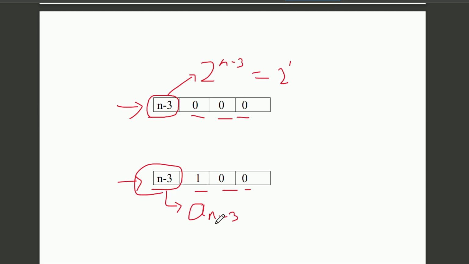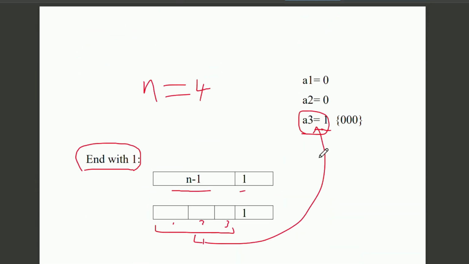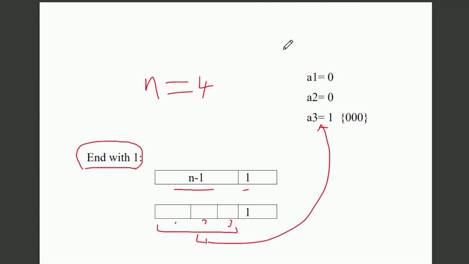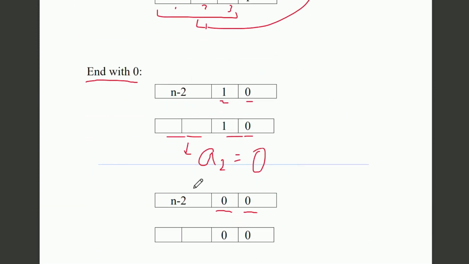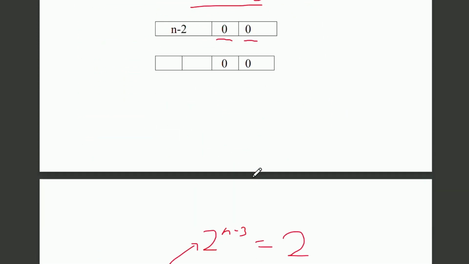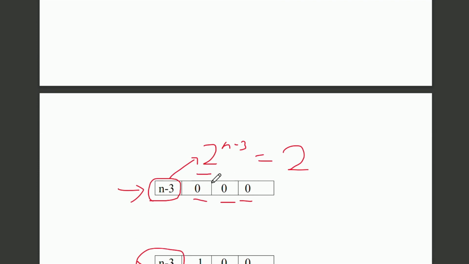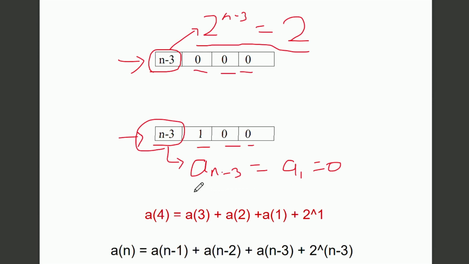For this question, n is 4, so it equals A1, which is also 0, as stated in our initial conditions. To calculate A4, we need to include A3, which is 1, A2, which is 0, 2 to the power of n minus 3, which is 2, and lastly A n minus 3, which is 0 here.